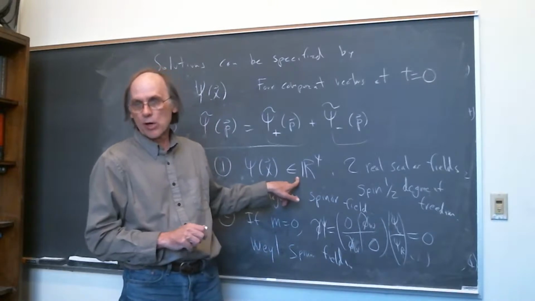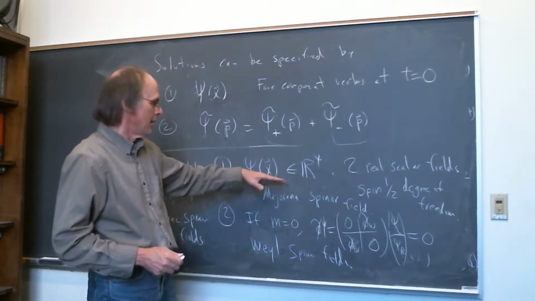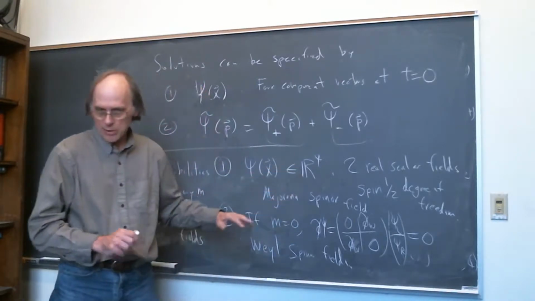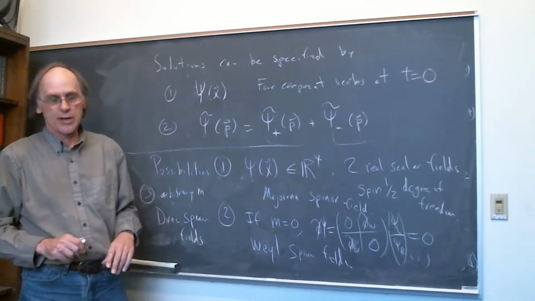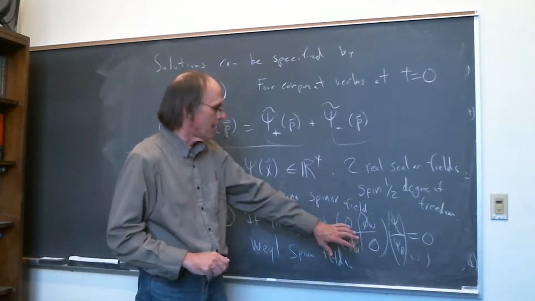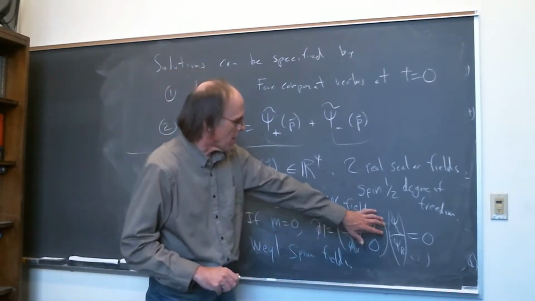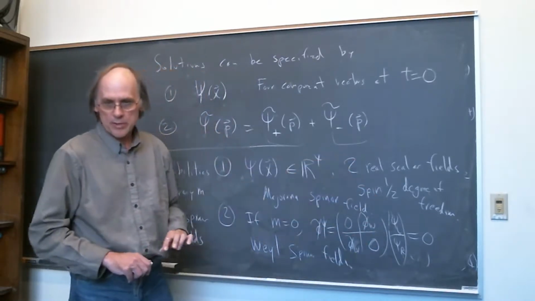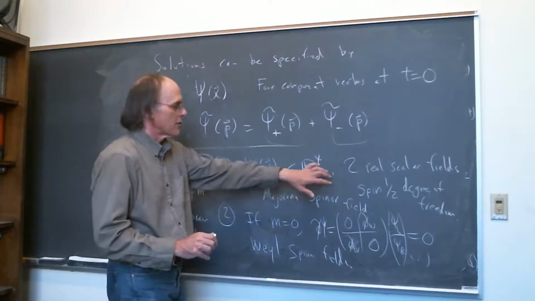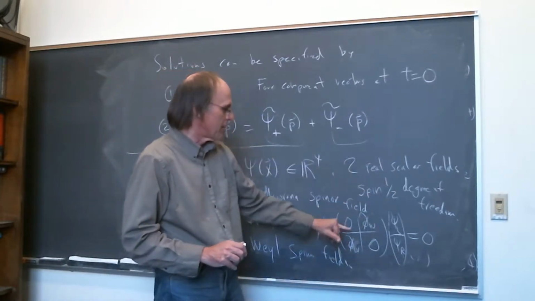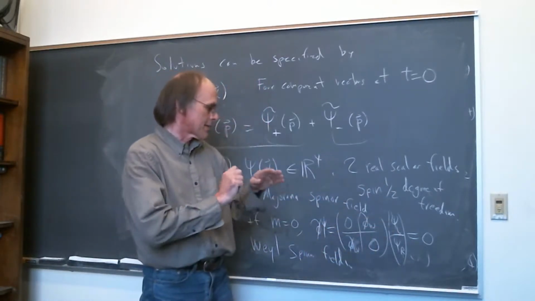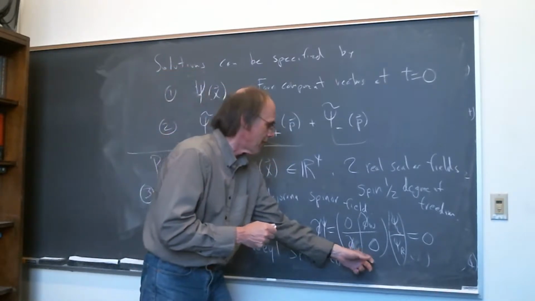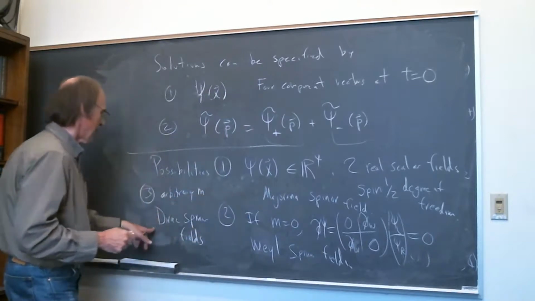Here it was an R4, but in some sense a Majorana field and a Weyl spinor field are the same number of degrees of freedom, except here you're thinking of it as a complex spin half degree of freedom. Here you're thinking of it as a real massive spin half degree of freedom. Here you're thinking of it as a complex helicity plus 1/2 or helicity minus 1/2 degree of freedom. And here you're putting it together.